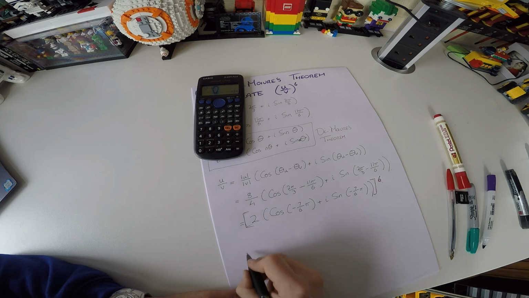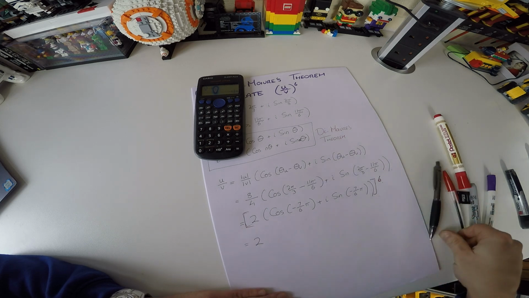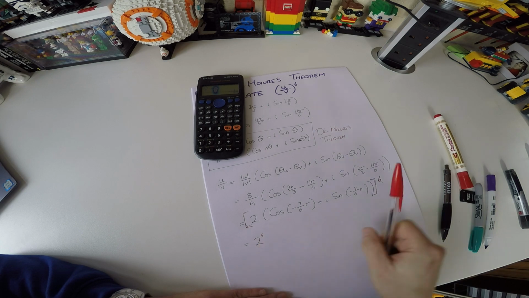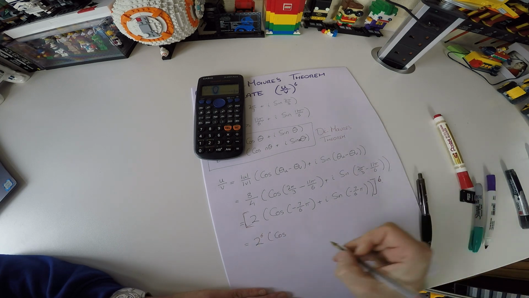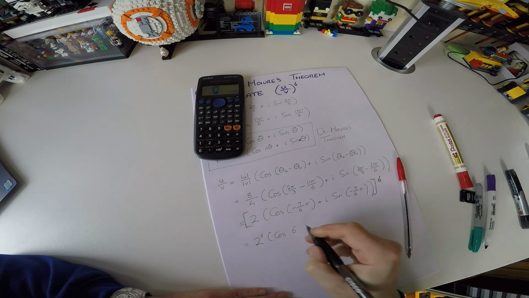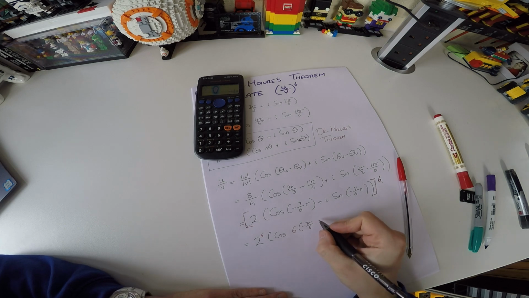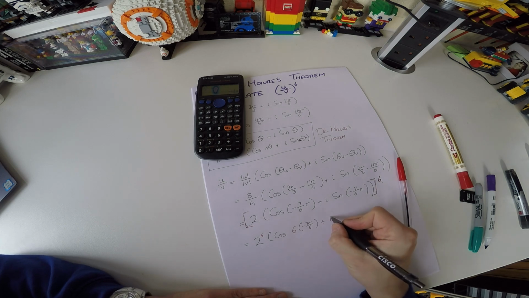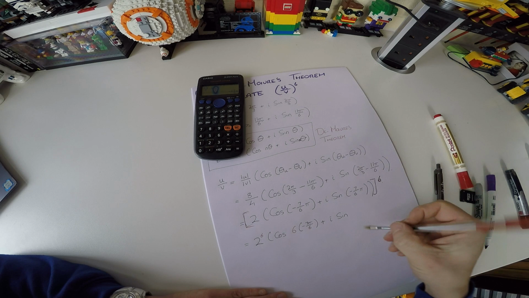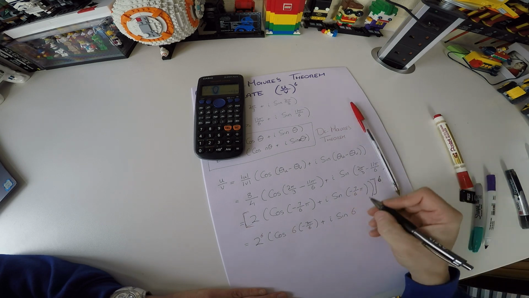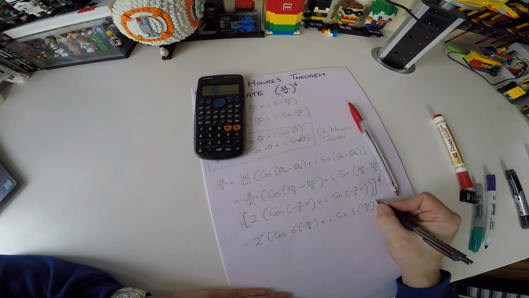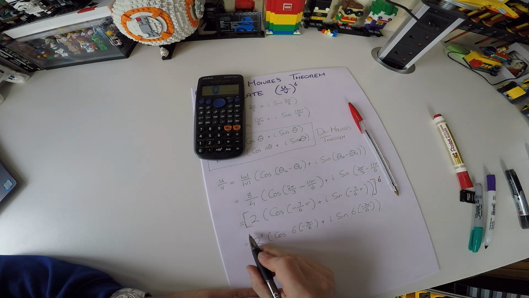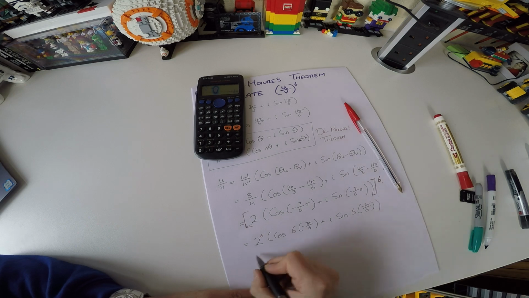Well, at the front it's going to be 2 to the power of 6 by De Moivre's theorem, and then the cos of 6 times minus 7 pi over 6 plus I sine 6 times minus 7 pi over 6. So everything I've done in red pen here has been as a result of using De Moivre's theorem to get this up to the power of 6, right?